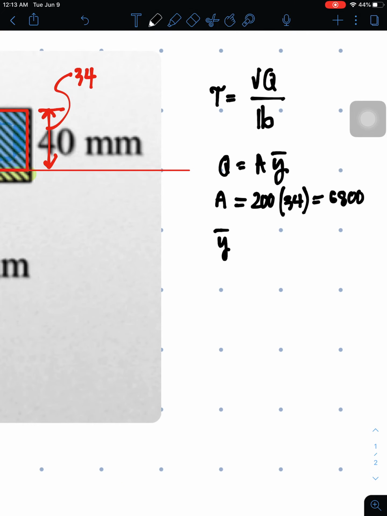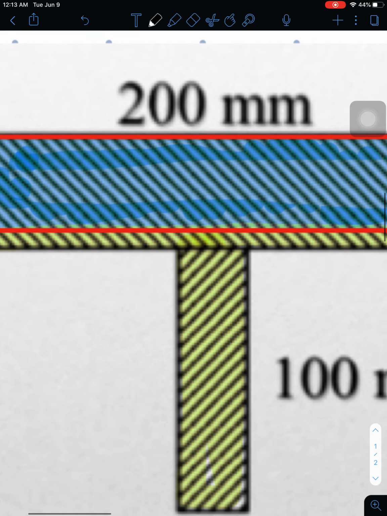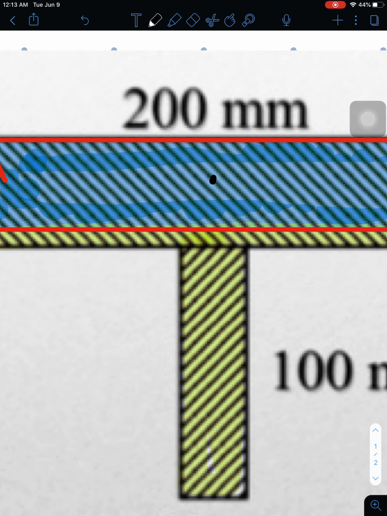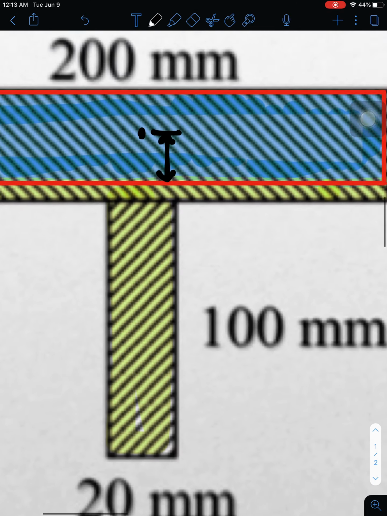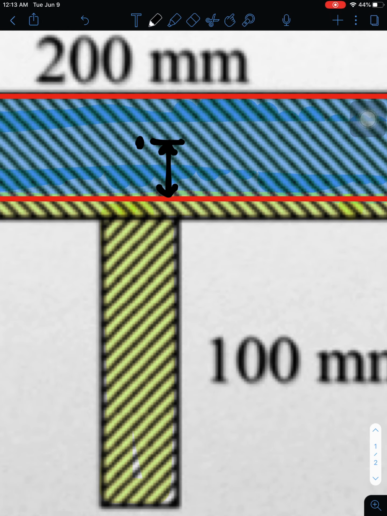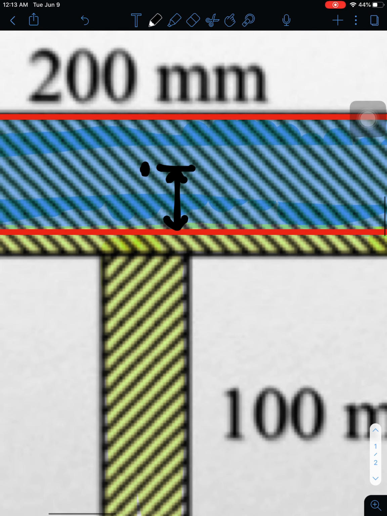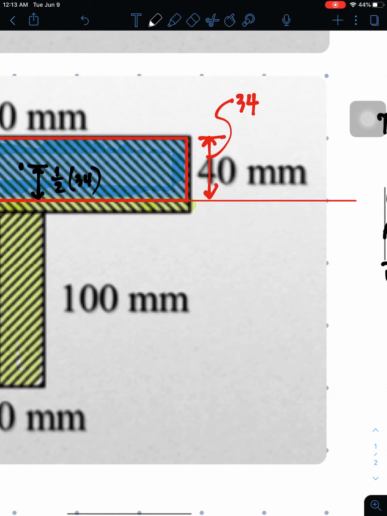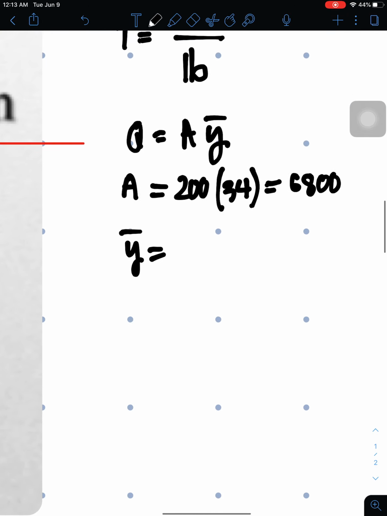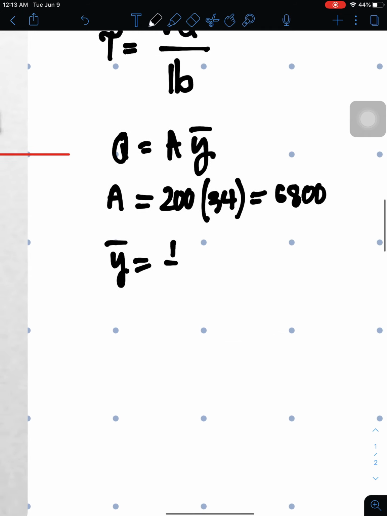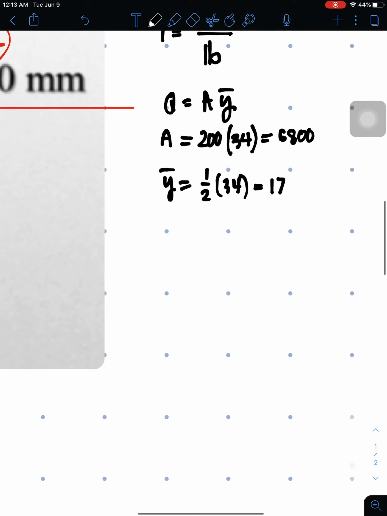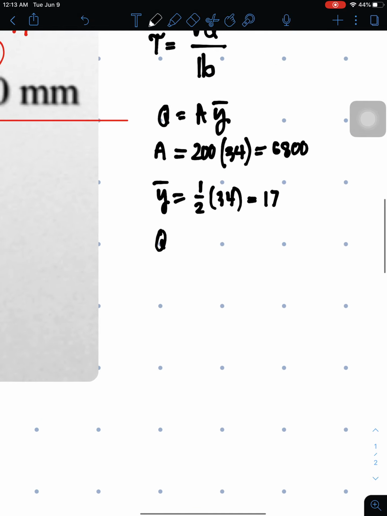And then our barred y is the distance from the neutral axis to the centroid of that area. So the distance of the centroid of the area from the neutral axis is basically 1/2 of 34. So barred y is 1/2 of 34, and this is 17.